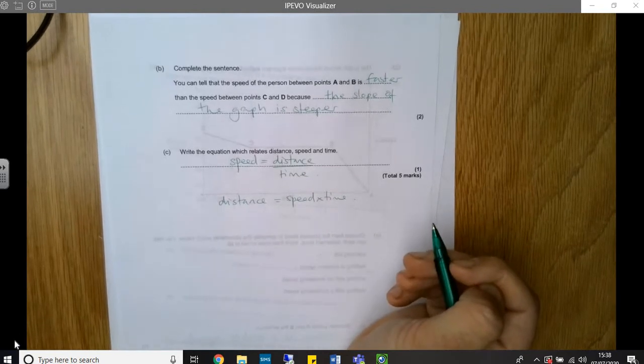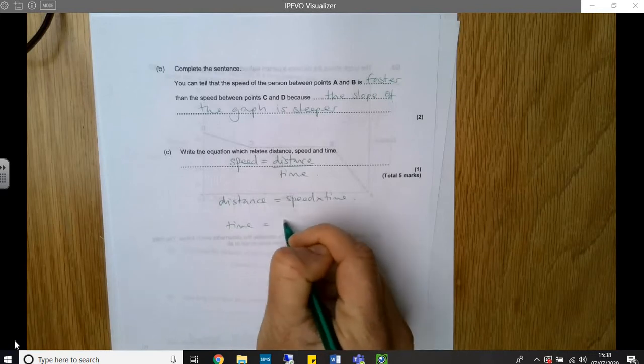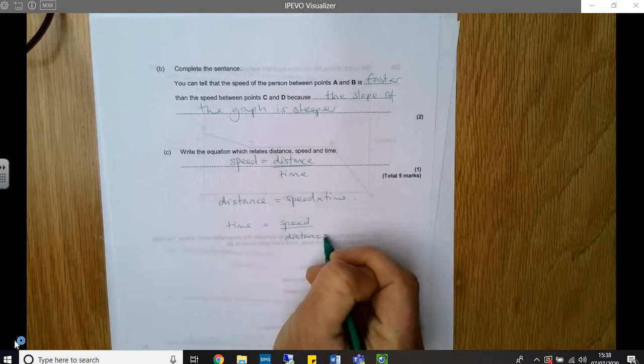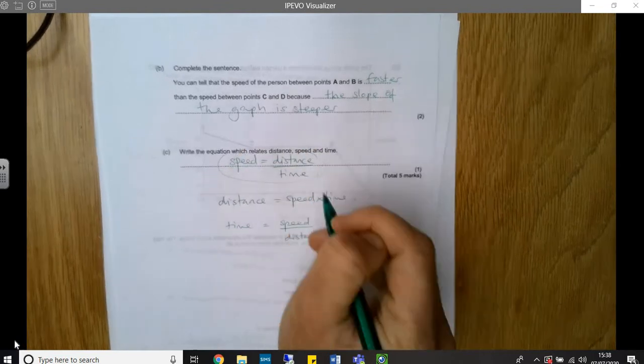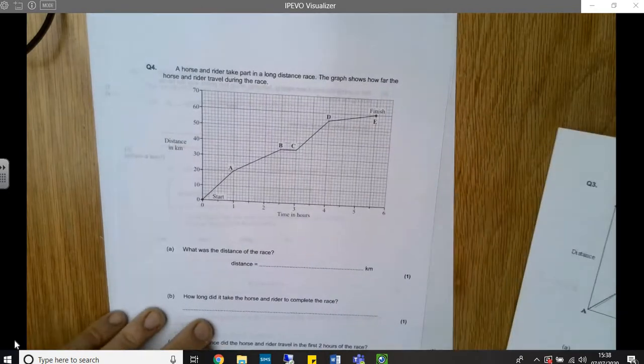You could have written time equals speed divided by distance, but try to get into the habit of using this one. Okay, let's move on to question 4.